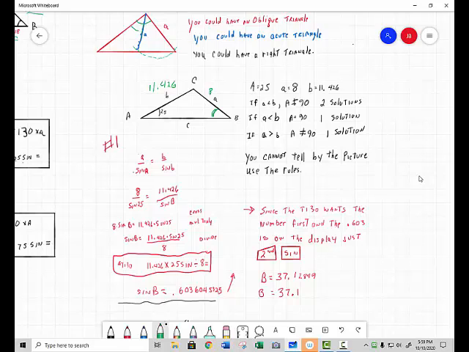If I cross multiply, I have 8 times the sine of B is 11.426 times the sine of 25. I just cross those 2. Then I'm going to simply divide it by 8 to get this value right here. Let me zoom that in a little bit. That's getting difficult for you guys to see probably.